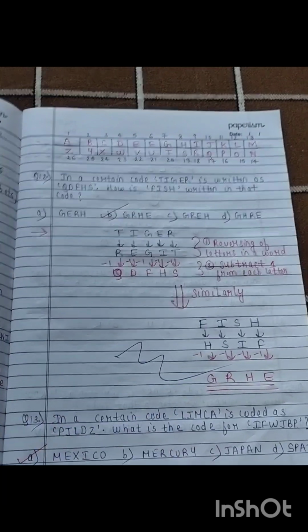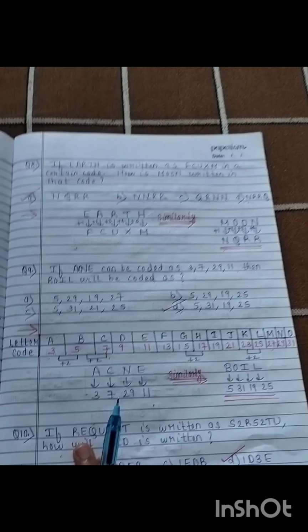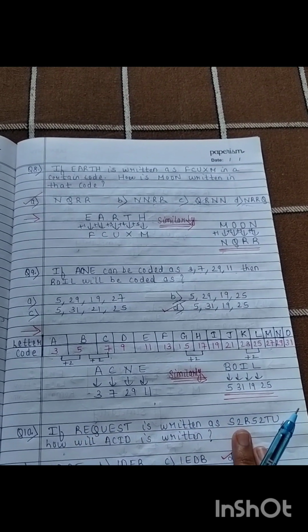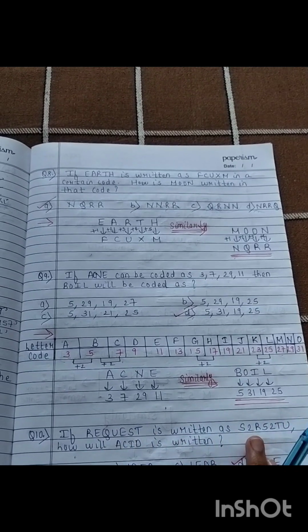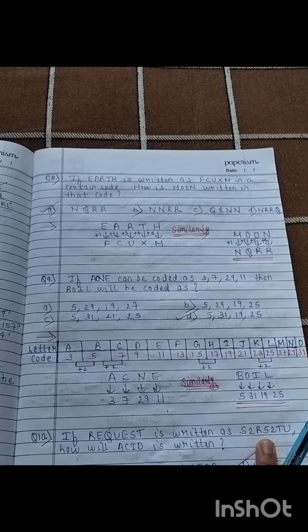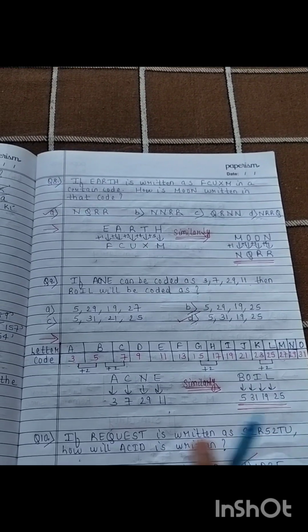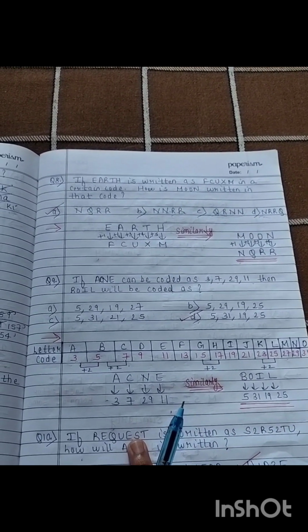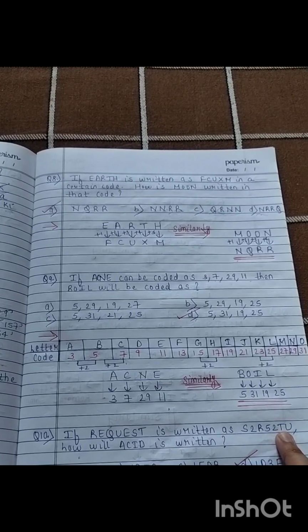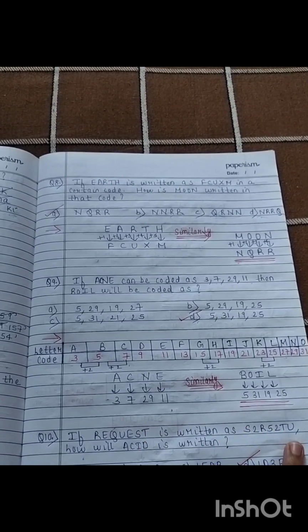S comes, correct? But this is plus 1 done. But for E they have written a number, can you see? Then Q they have again done plus 1, which comes to R. But for U they have again written a number. For E they have again written a number. For S they have done plus 1, which is T. And for T they have done plus 1, which is U.